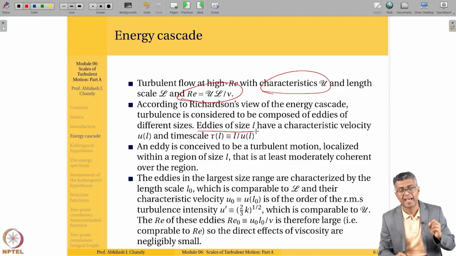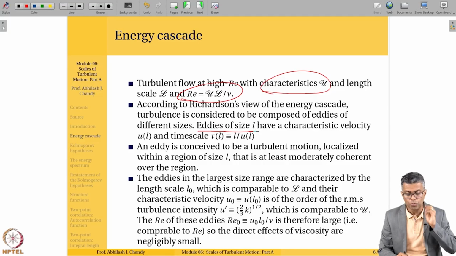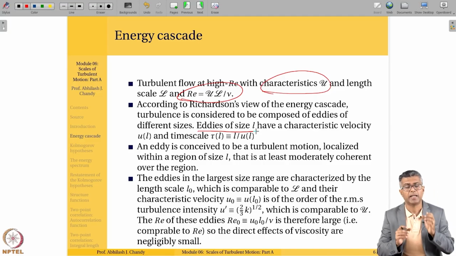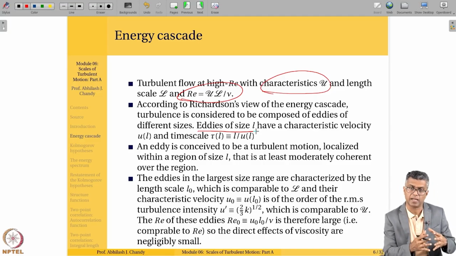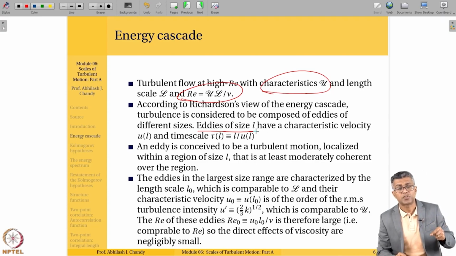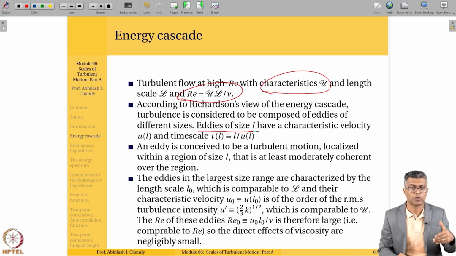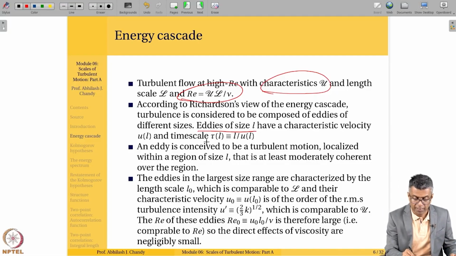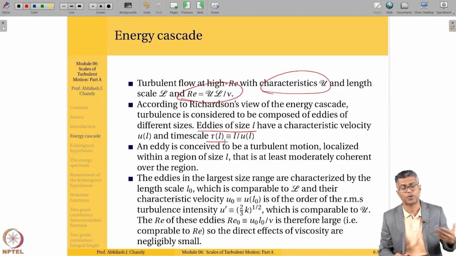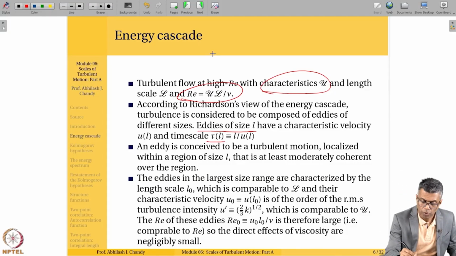Eddies of size l have a characteristic velocity u(l). So each eddy, let's say, has a length scale defined as l. And then it is associated with a velocity scale, let's call it u, which is obviously a function of l. And correspondingly, you will have a time scale tau(l), which is a function of l, which is l over u(l).